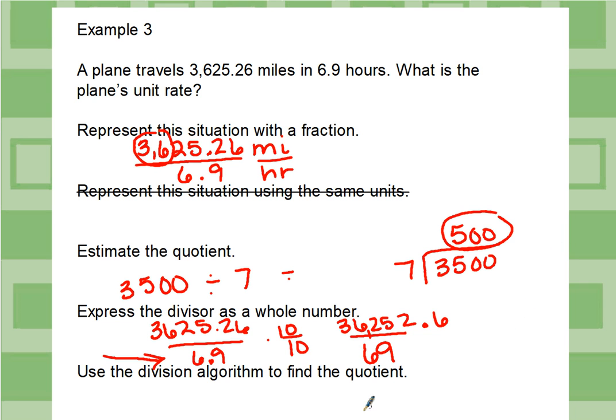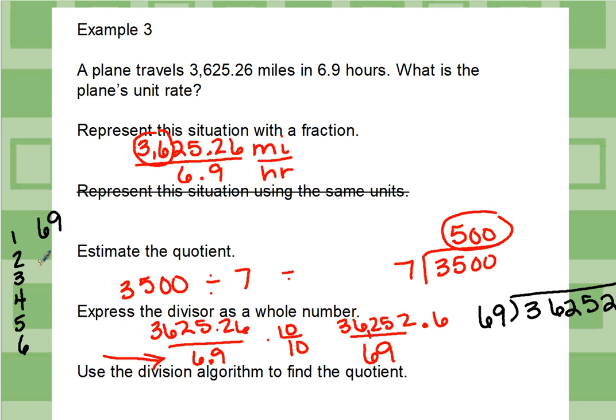All right, the last step we need to do is actually to divide. I'm going to write it over here because I'm going to probably run out of room. 36252.6 and 69. Now, we can go ahead and make a list again. One is 69 and 2 is, if it was 70 and 70, it would be 140, but we have to subtract 2, so 138.